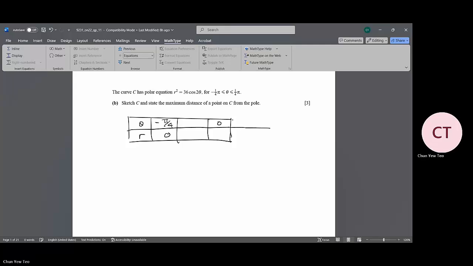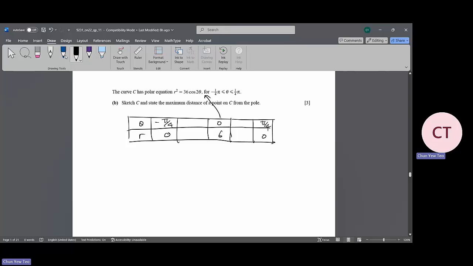Then if we put pi over 4, you also get 0. So we need to have at least one value in between over here. When theta is 0, you put 0 inside, you get 6. Square root of 36 is 6. I think we need one more value over here.